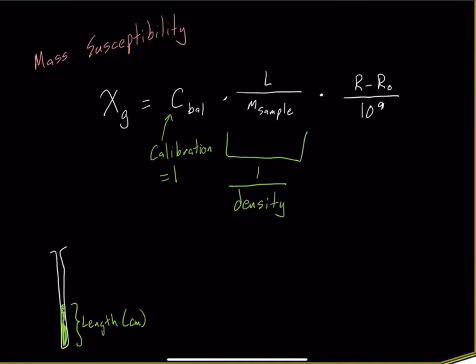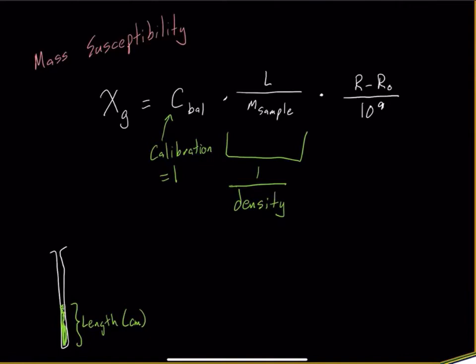What this is describing is just how much compound we have that's interacting with our magnetic field. And it's important to note here that the mass of our sample ends up on the bottom of this equation, right? So this mass susceptibility is the interaction with this magnetic field per gram. Per gram is what we're looking at here.